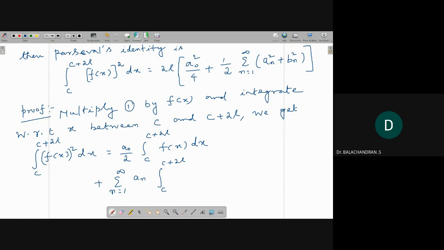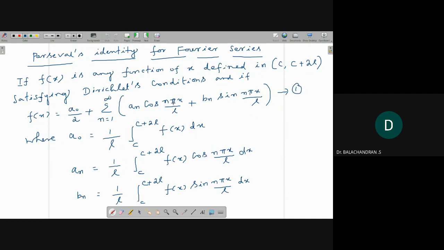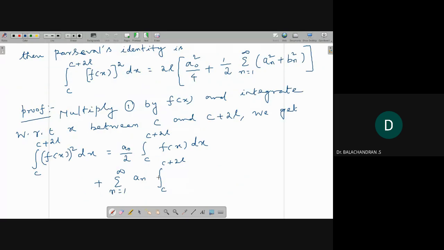You have here cos n pi x by l, but I am multiplying by f of x, so f of x into cos n pi x by l into dx.